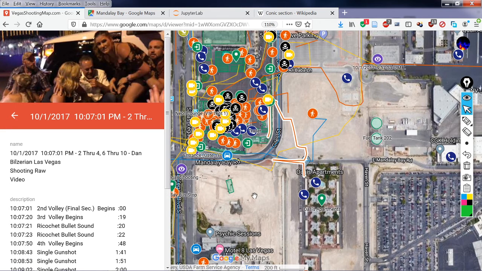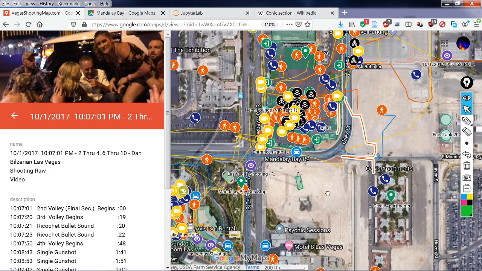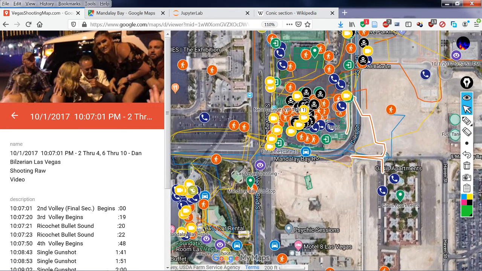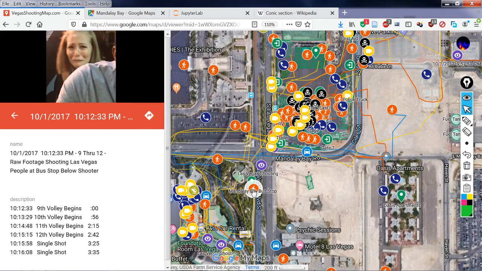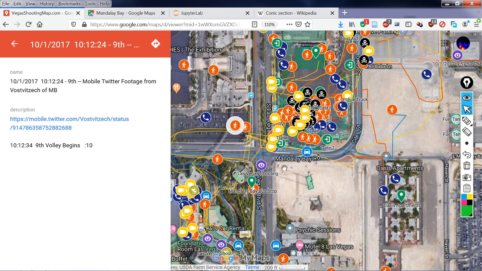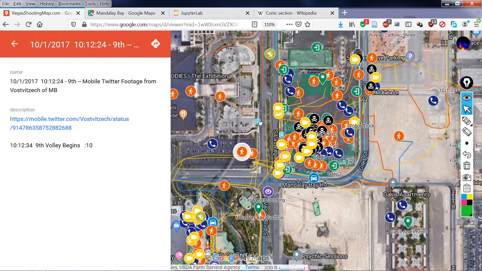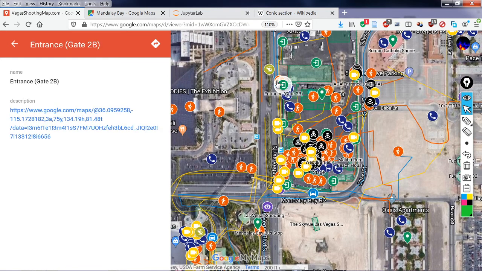So that's Dan. Next we'll go left over here, or west, to the bus stop. That's the Mandalay bus stop. Then we'll go up to the Luxor parking lot, which is the Hebrew one, which is there. Then we'll go way up to gate 2 for the Raymond Page, somewhere up in this area.